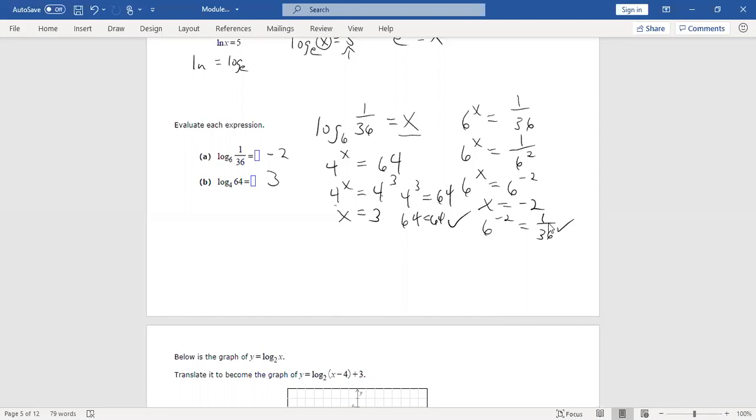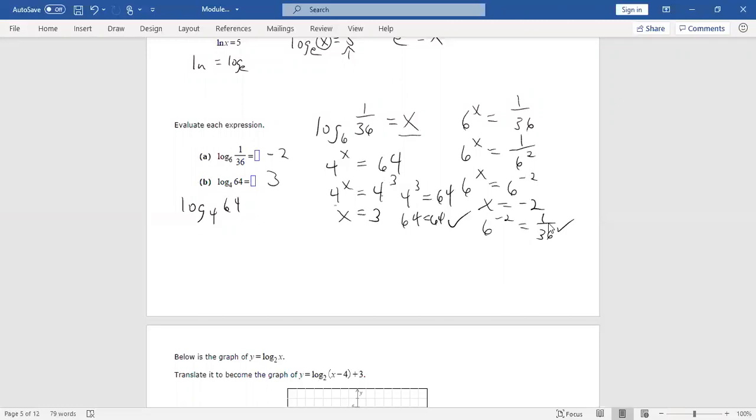Then we use something called the change of base formula. And I'm going to just do it with the second one, although you can do it with both of them, and you can do it any time with this. So again, given log base 4 of 64, if we're looking for the exponent of 4 that gives you 64, then another way to do it is using the change of base formula.